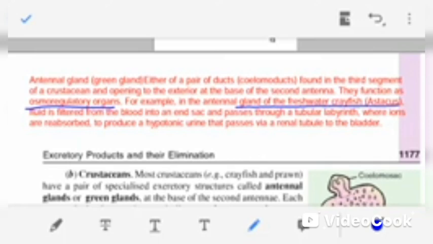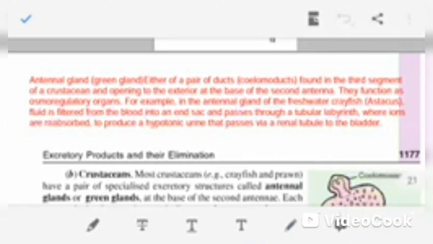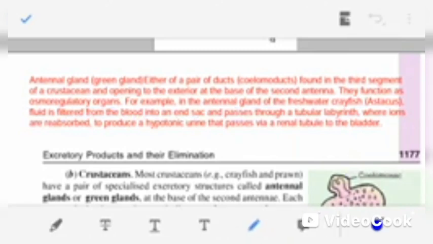Astacus: fluid is filtered from the blood into the end sac, also known as the coelom sac, and this fluid passes through the tubular labyrinth. Here in the tubular labyrinth, ions and some solutes are reabsorbed. Once the ions and solutes are reabsorbed, this filtrate fluid is known as hypotonic urine.